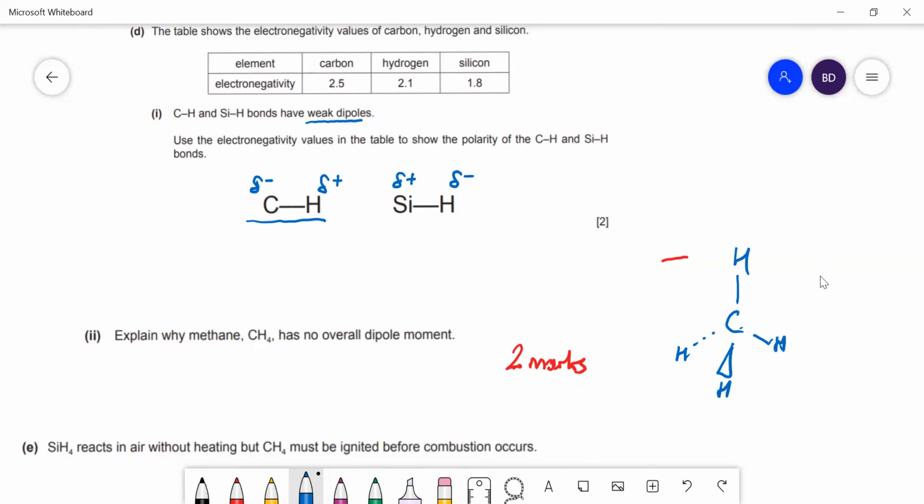It's tetrahedral. Therefore, it's symmetrical. It's got symmetry. So the partial positive charges on the hydrogens all cancel each other out. They're all kind of pulling against each other.